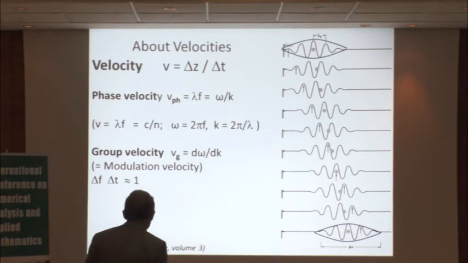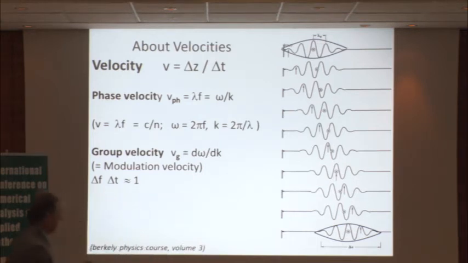Now I show you the difference between the phase velocity and the group velocity. In this example, which I have stolen from the Berkeley physics course, I think it is very nicely shown. Here you see a wave packet moving in space, in one dimension. And this is a phase.